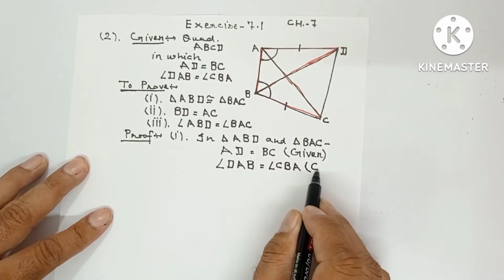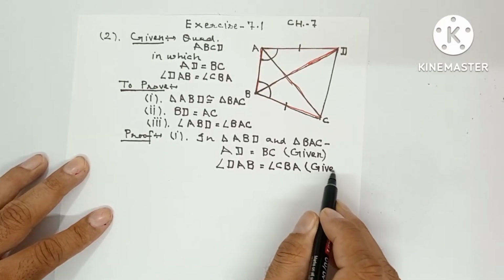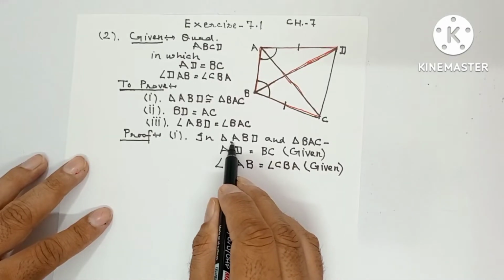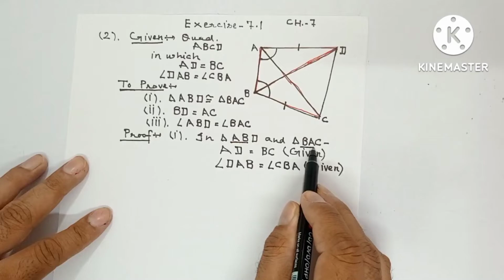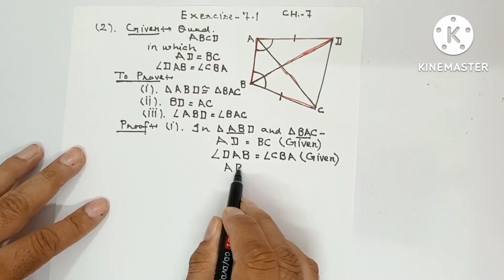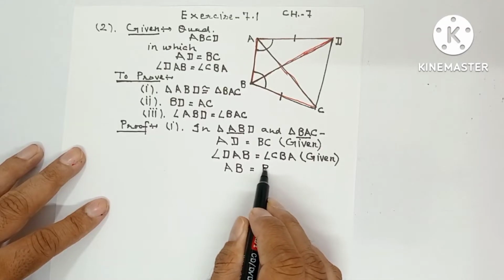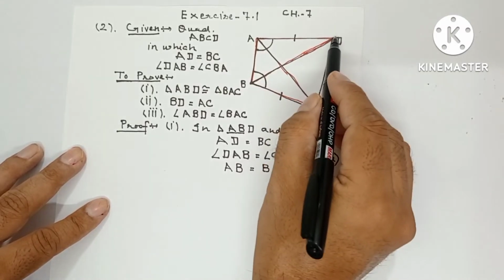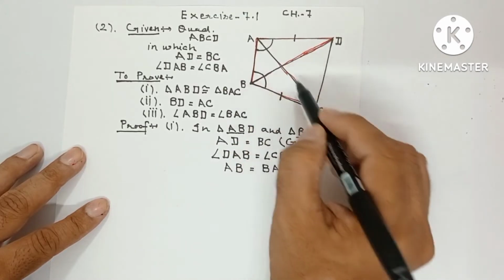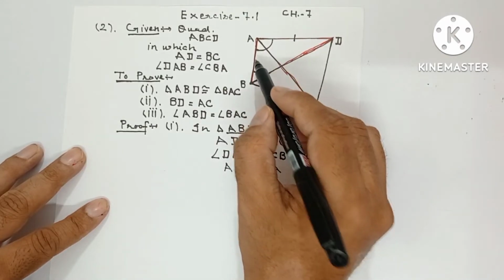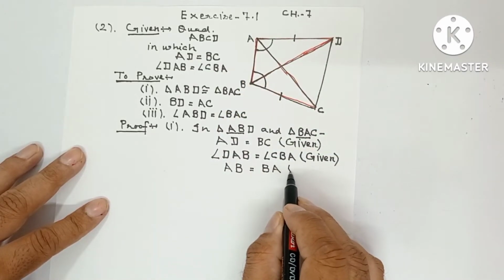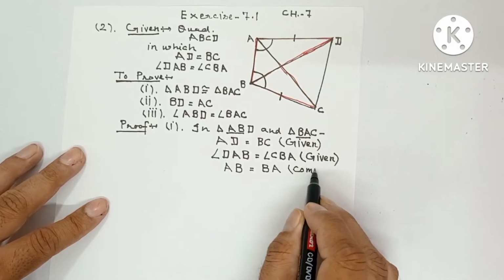This is also given. What more? You can see from here AB and BA. For both these triangles, this side is common. Both the triangles have the same common side AB.